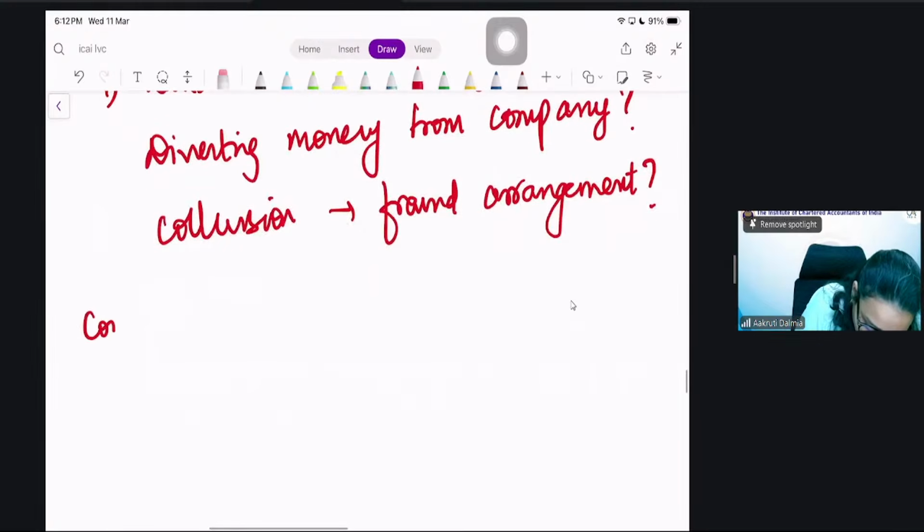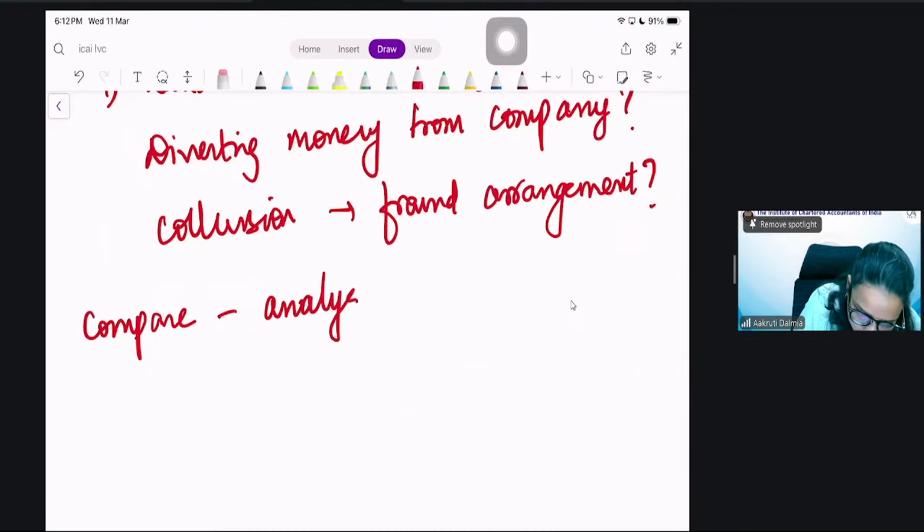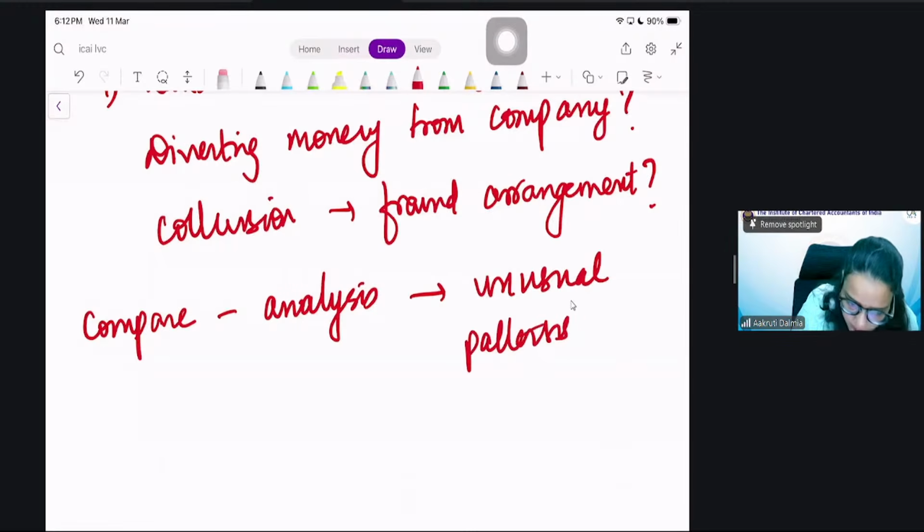By doing some comparison and analysis, you are able to detect unusual patterns. And this is called analytical procedures. Do you understand? Does this number make sense compared to other numbers? That, in short, is basically your analytical procedures.